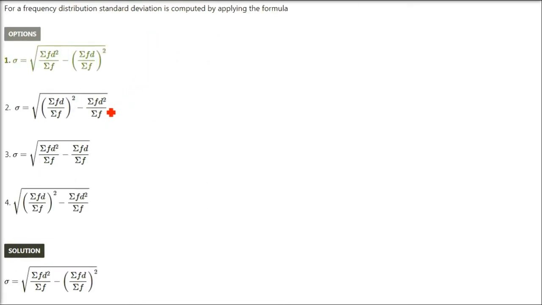Okay. For a frequency distribution, standard deviation is computed by applying the formula. So standard deviation, how do you represent it? Variance is sigma square, this sigma square is variance, sigma is the standard deviation. So how do you compute it? From the formula of variance, we'll just root it.